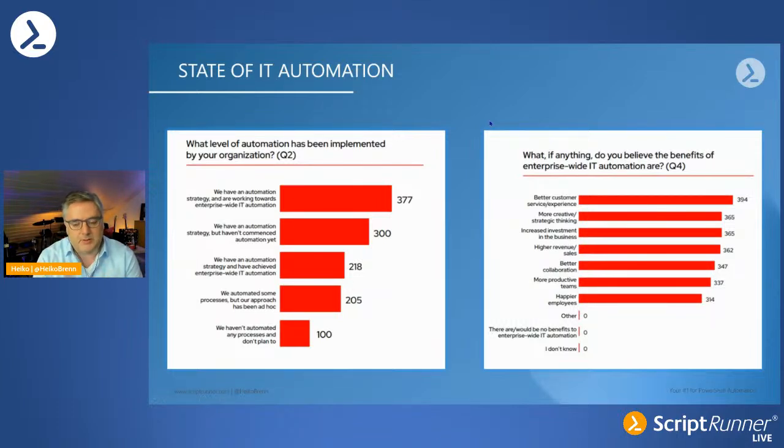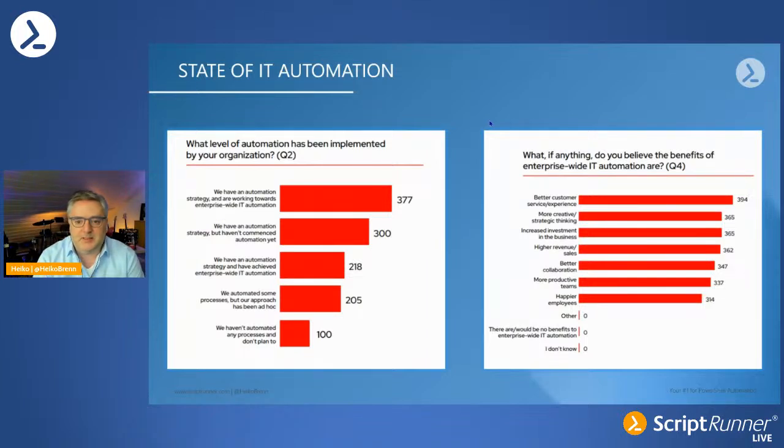And then another part of this survey was about what kind of benefits you're expecting from an enterprise-wide IT automation strategy. And we can see, I would say, some usual suspects like better customer service, better customer experience.